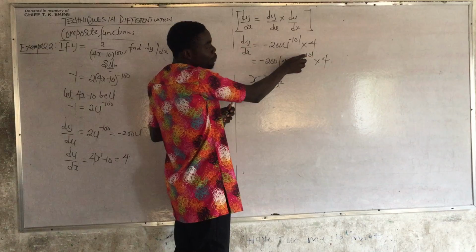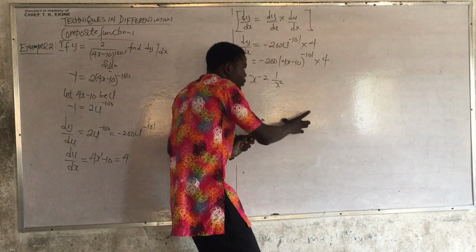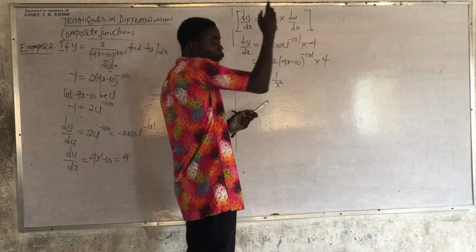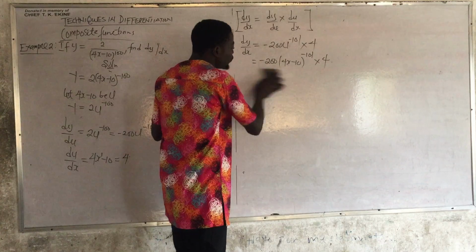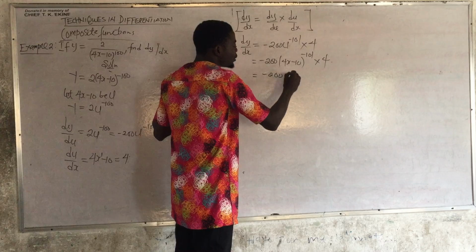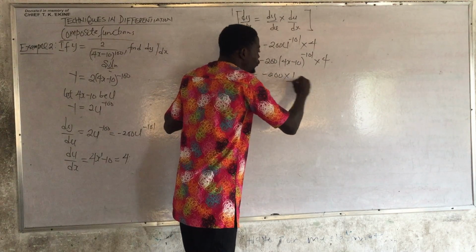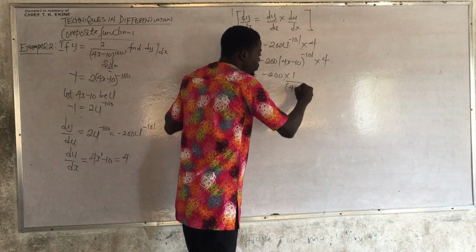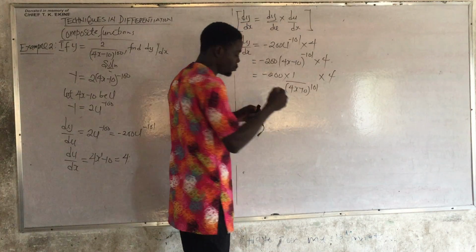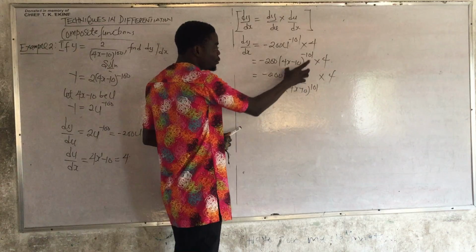So this minus means 1 over, and 4x minus 10 will come down, and then the 1 over will come down without the sign, because the sign is that 1 over that you see now. So you have minus 200 times 1 over the bracket 4x minus 10 to the power 101, times 4.